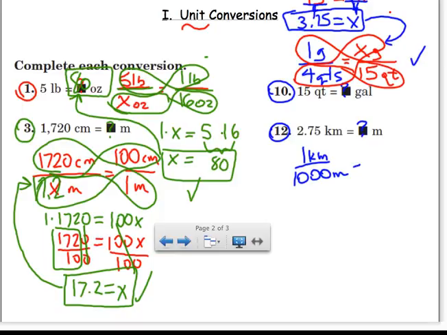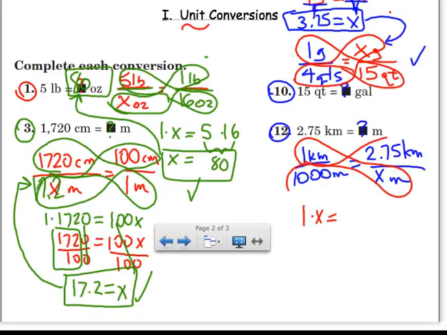Next one, number 12. 1 kilometer is the same thing as 1,000 meters, so that means 2.75 kilometers is the same as x meters. And you need to cross multiply and divide to solve it. That's 1 times x equals 1,000 times 2 and 75 hundredths.